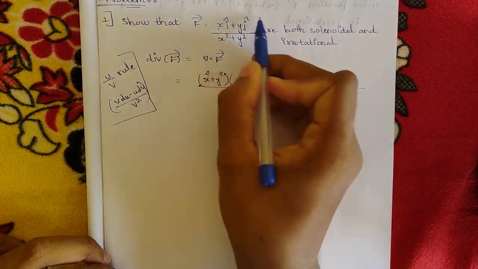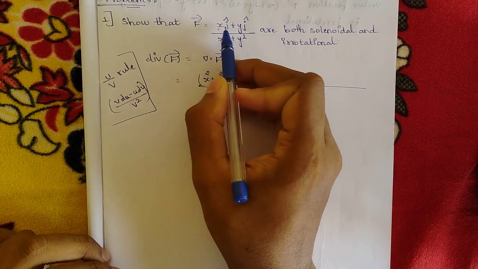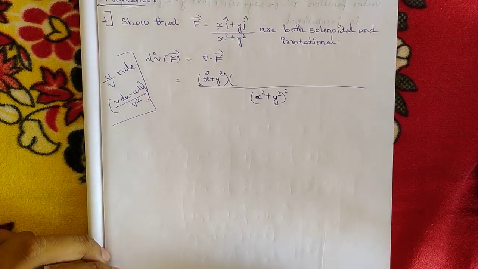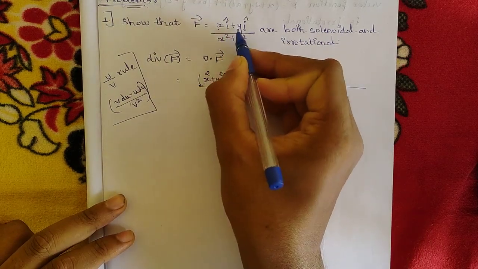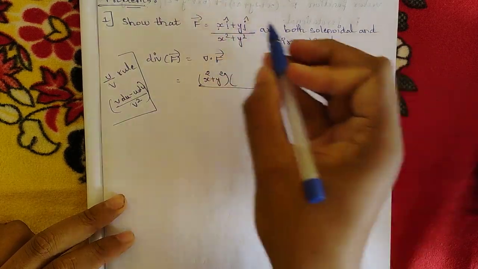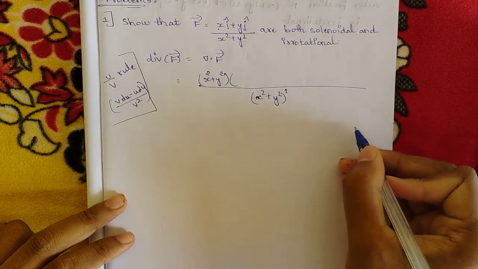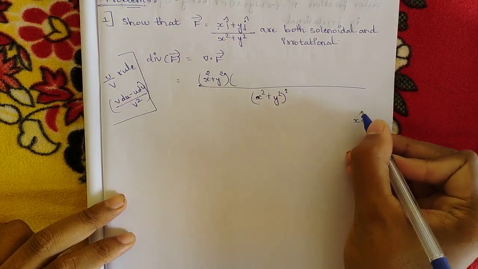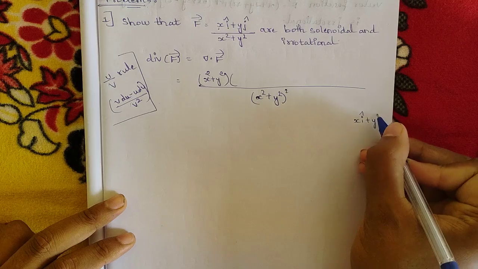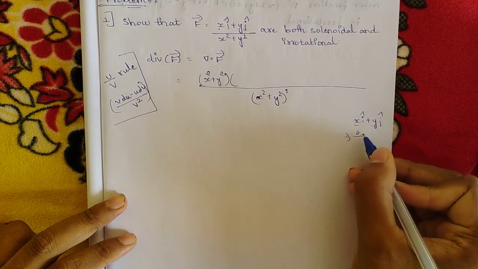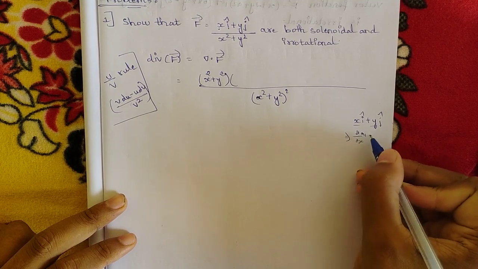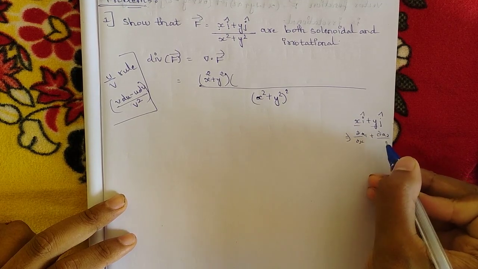If you take the divergence of this, the formula is dou a1 by dou x plus dou a2 by dou y.